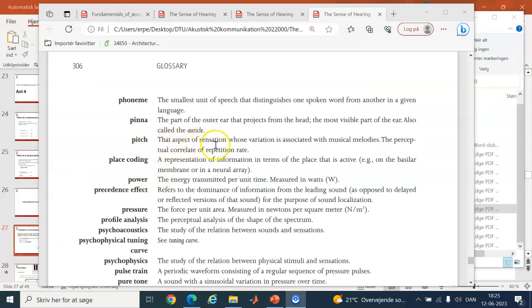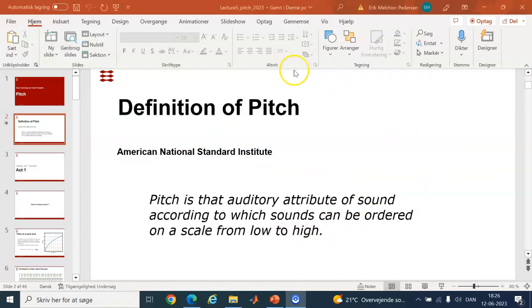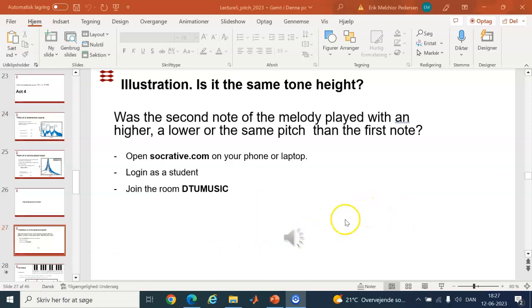Pitch, that aspect of sensation whose variation is associated with musical melodies, the perceptual correlate of repetition rate. And from the PowerPoint definition, pitch is that auditory attribute of sound according to which sounds can be ordered on a scale from low to high.